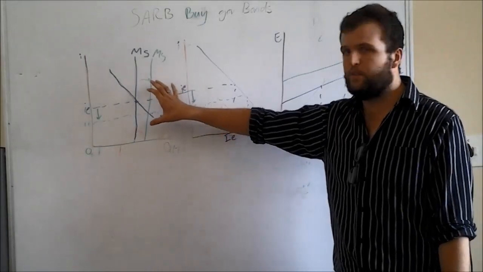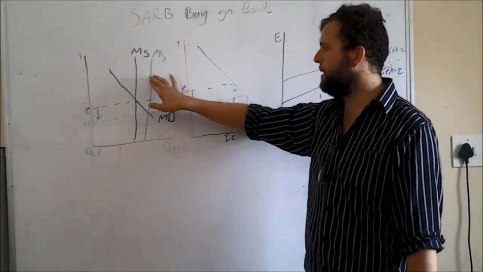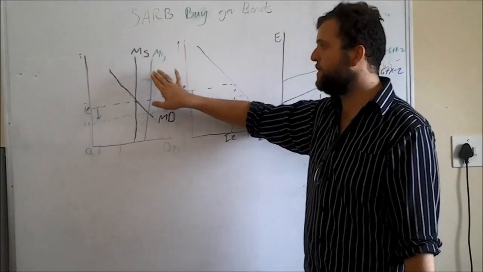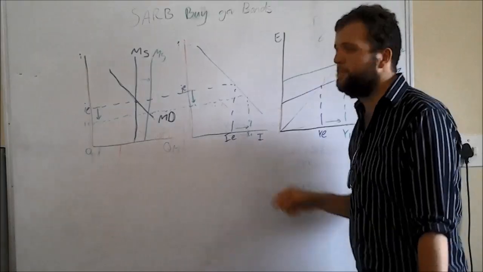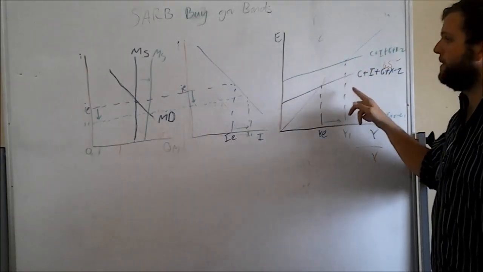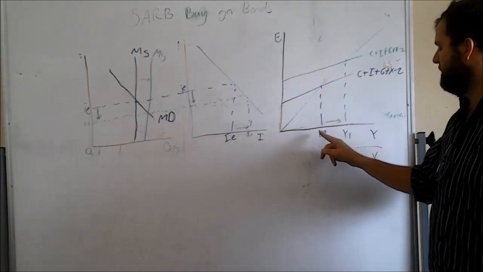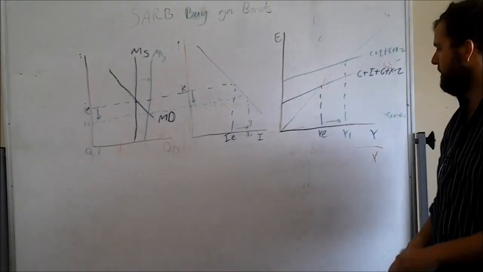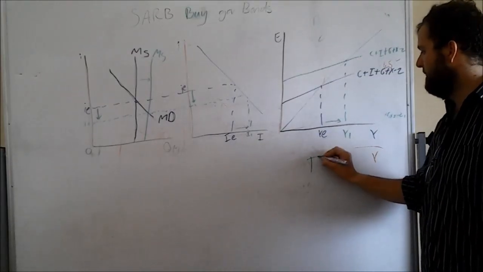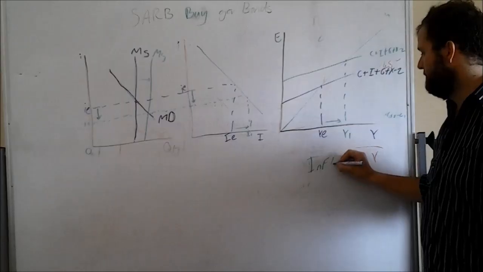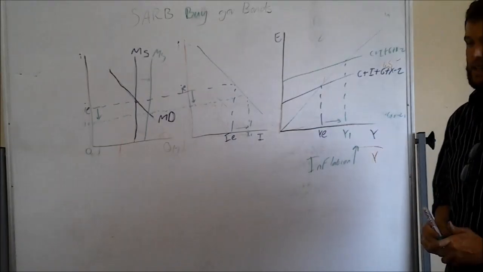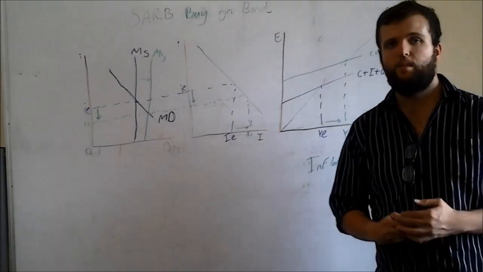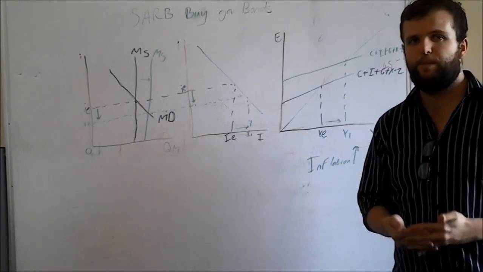Okay, so if you increase the money supply, you just state that and say decrease in interest rates, increase in investment, increase in total expenditure, and an increase in equilibrium income level. And what does that mean? The inflation rate will increase. Okay. So that's an expansionary monetary policy for you to go and practice.